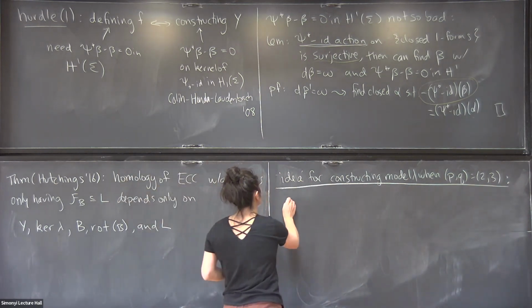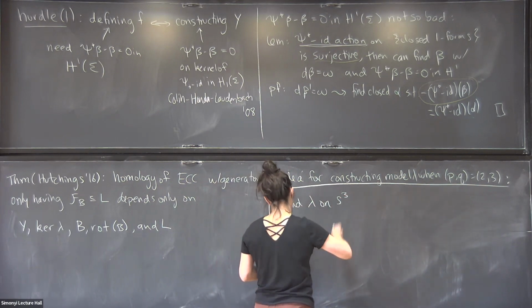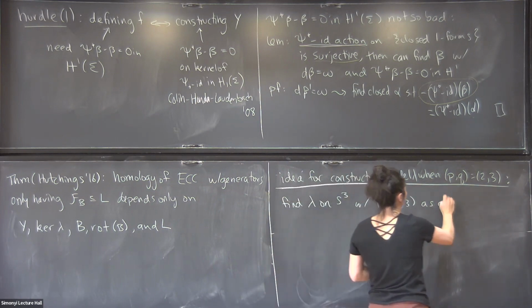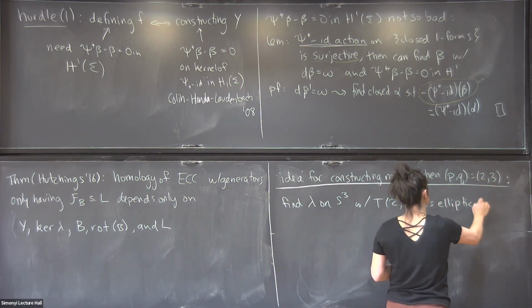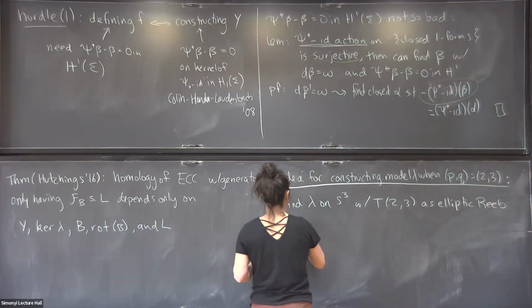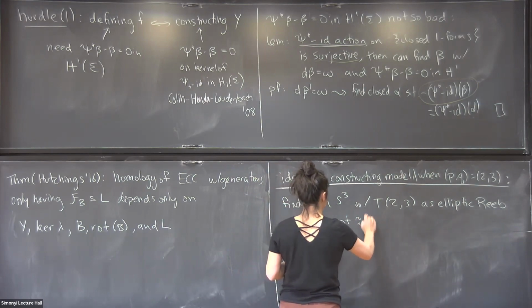So the goal is to find some contact form on S3 with T(2,3) as an elliptic Reeb orbit, and its rotation number is approximately 6.